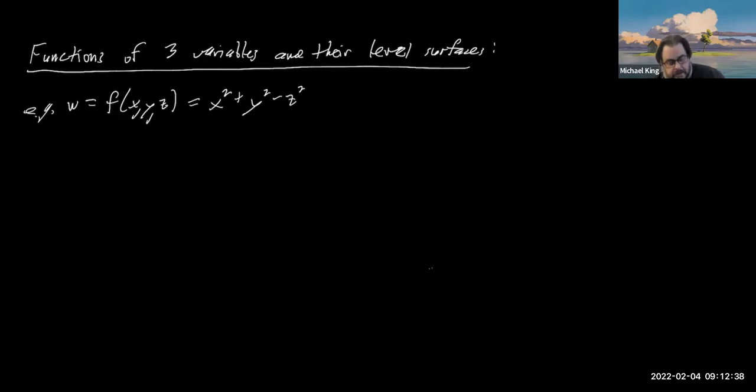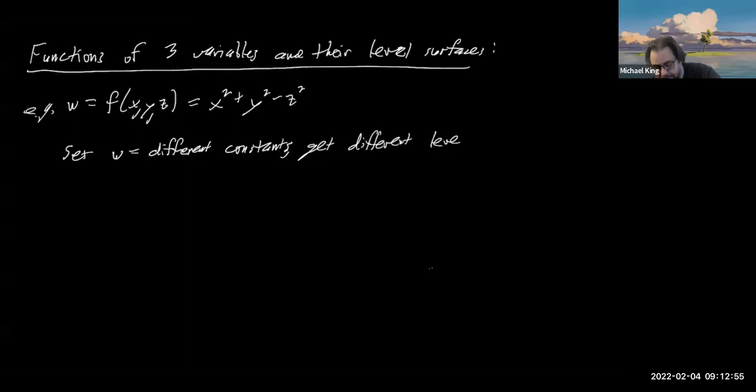And if we set W equal to different constants, we get different level surfaces, like I mentioned. It's like the 3D version of a contour or a level curve. For example, when W equals 0, that's the first one we saw, x squared plus y squared minus z squared equals 0.